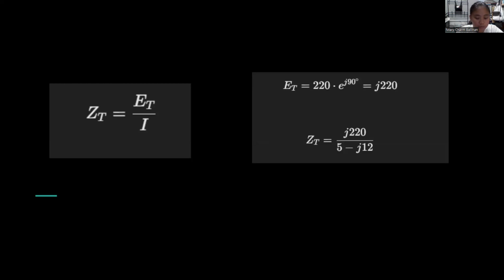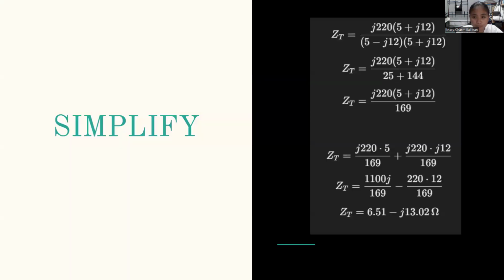For the total impedance, we have total voltage over I. ET is equal to 220 times e raised to j90 degrees, which gives us j220. So we should divide ET by I, giving us ZT is equal to j220 over 5 minus j12.